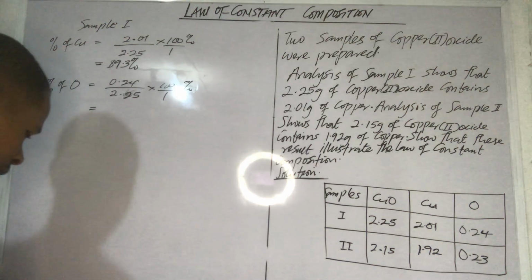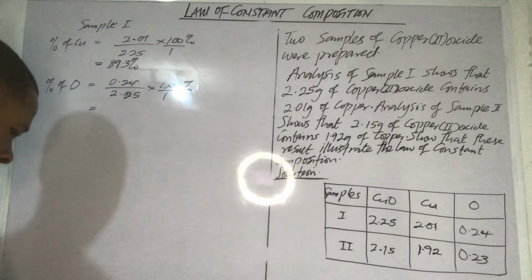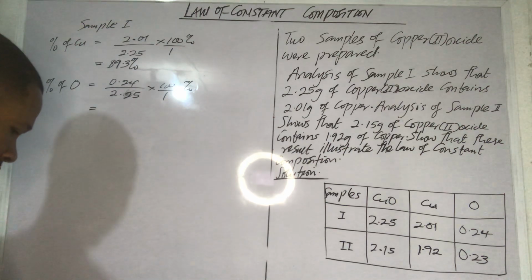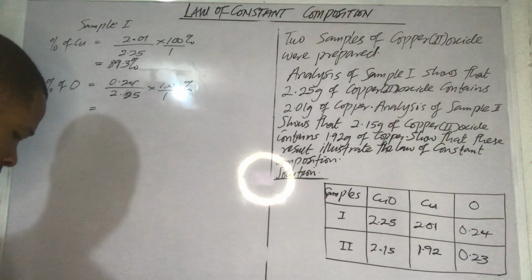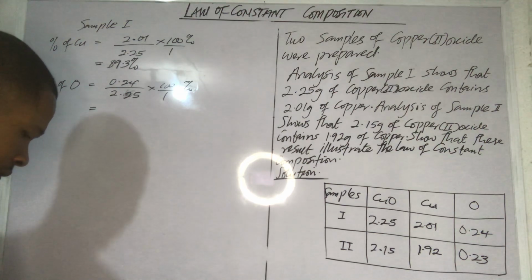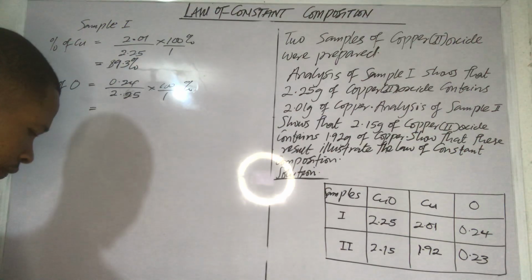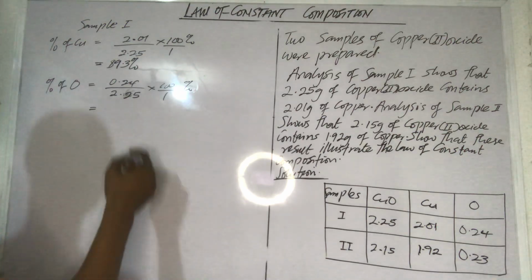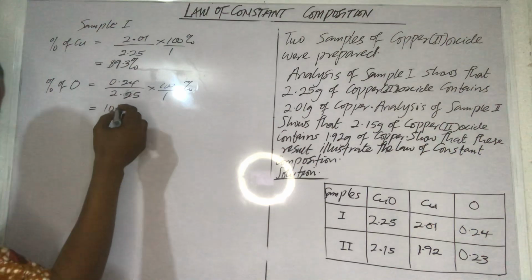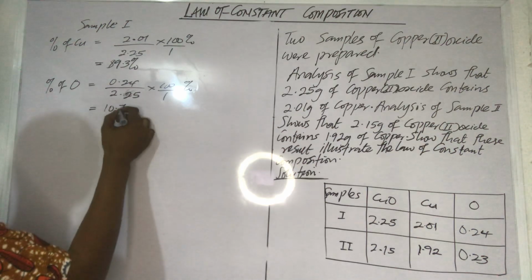And that will give me 0.24 times 100 divided by 2.25. Then you have 10.7%.